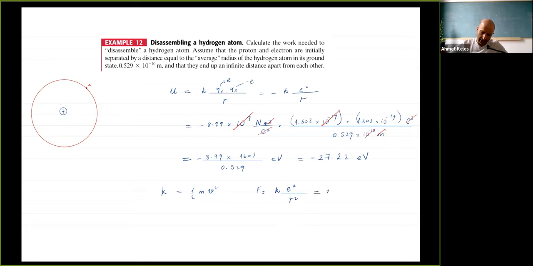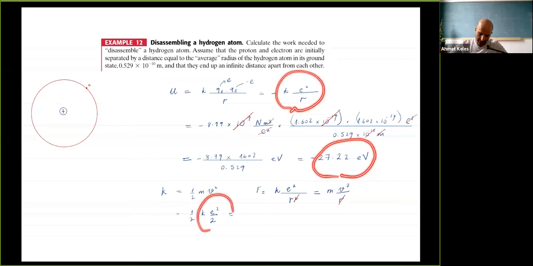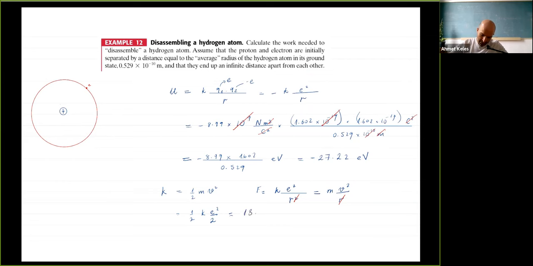So this should be equal to m v squared over R. So I can cancel these, and whenever I see m v squared, I can put K e squared over R. So this is equal to 1 over 2 K e squared over R. But we just calculated this K e squared over R and found it to be 27.2. So half of this is what this is. Let's divide the previous result by 2. So this is going to be 13.6 electron volts.